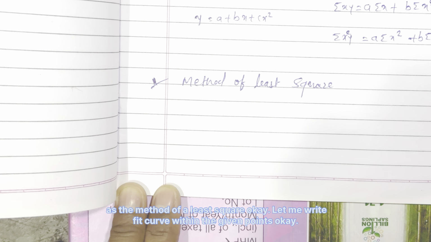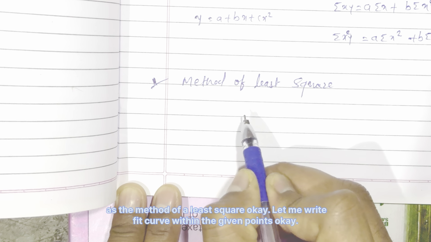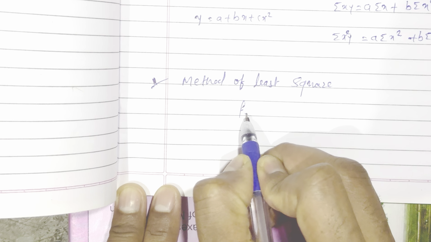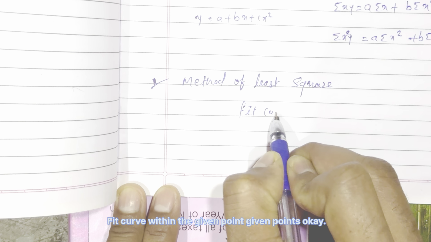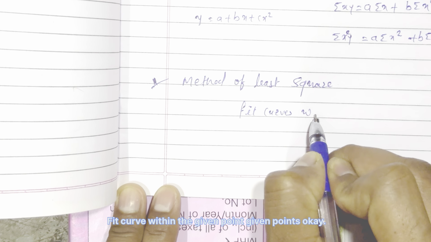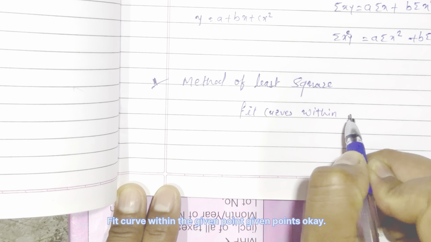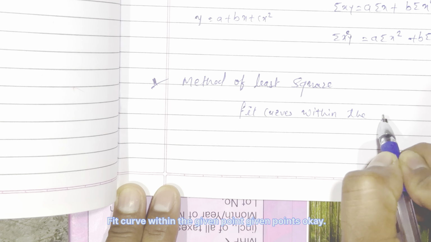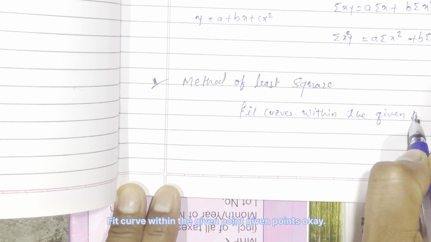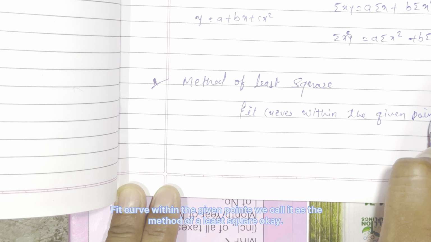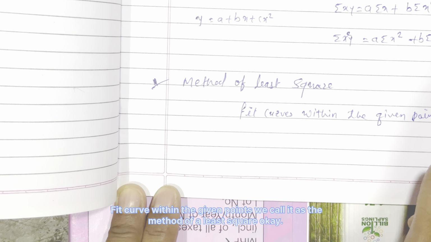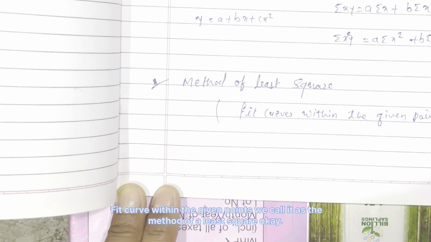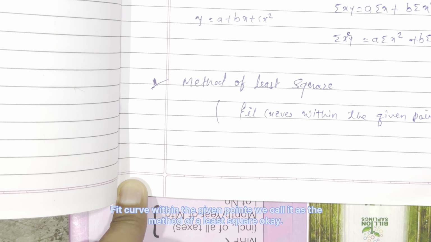Let me write: fit curve within the given points. We call this the method of least squares.